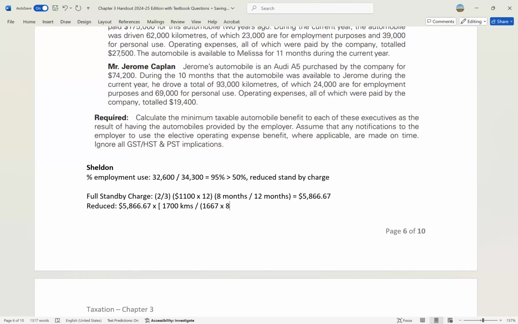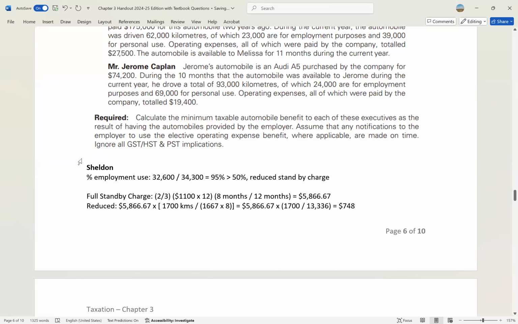The car was available to him for 8 months. And so let me just write this out. So it's going to be 5,866.67 times 1,700 kilometers personal use divided by 13,336. And when you work through that, you'll see that this reduced standby charge is only $748.